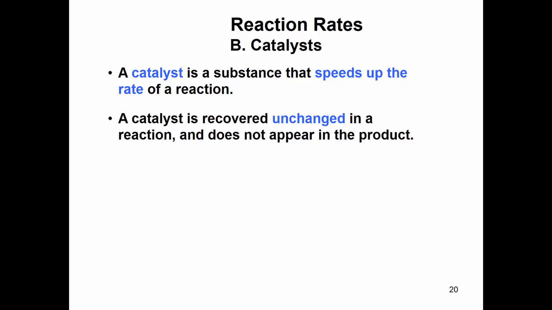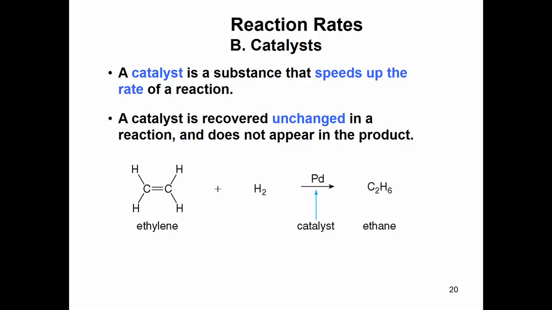That means after the reaction is done, they're unchanged and they do not appear in the product. For example, this is an organic reaction, and palladium is a metal that's used as a catalyst. It speeds up the reaction, but it's not involved at all, so there's no palladium over here in the products.